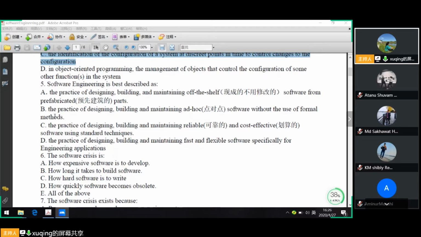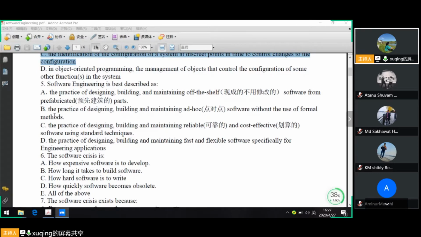For B, the practice of designing, building, and maintaining ad hoc software without the use of formal methods: we don't say without the use of formal methods, sometimes we need formal methods too.